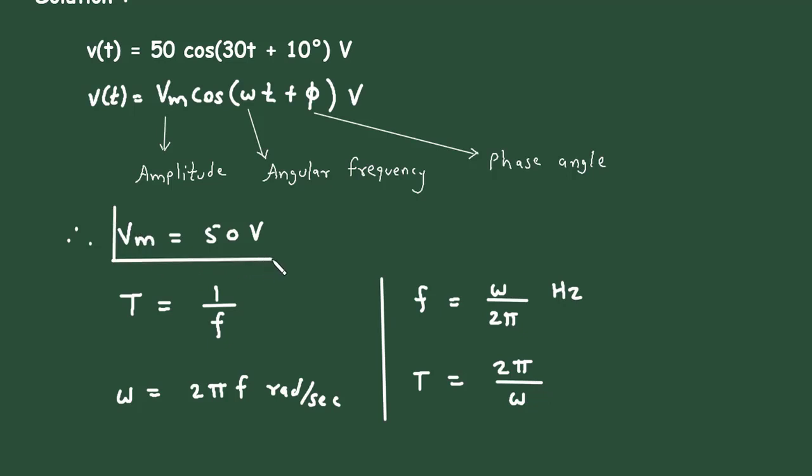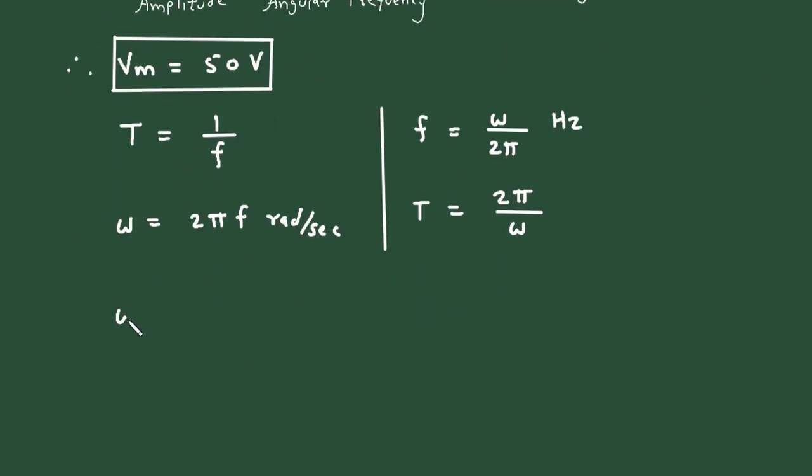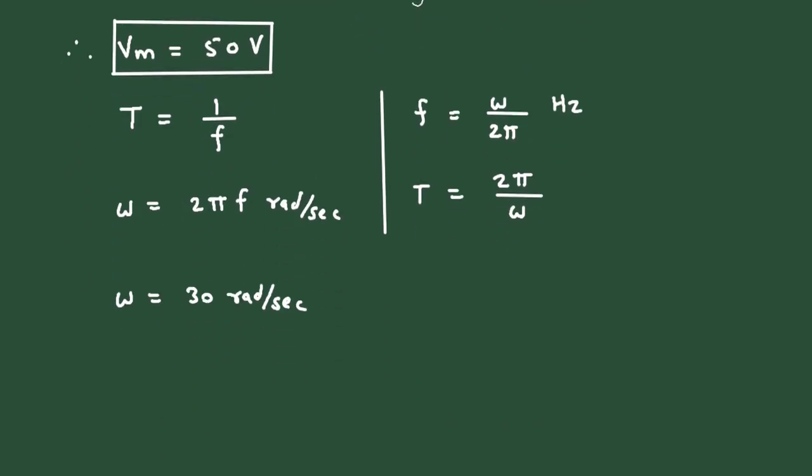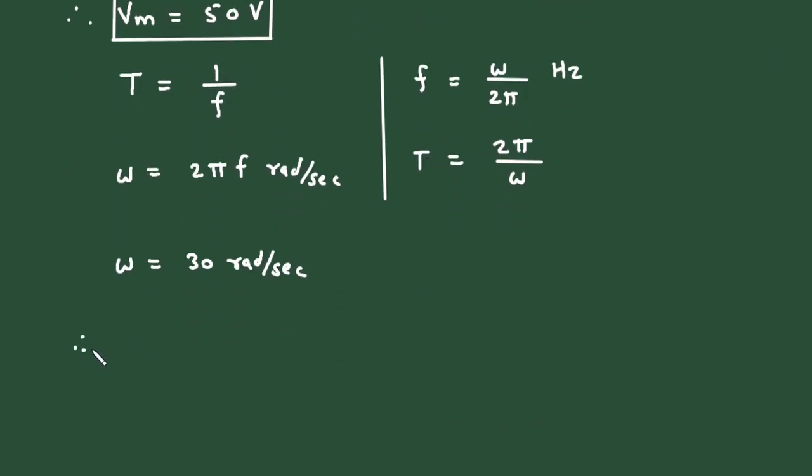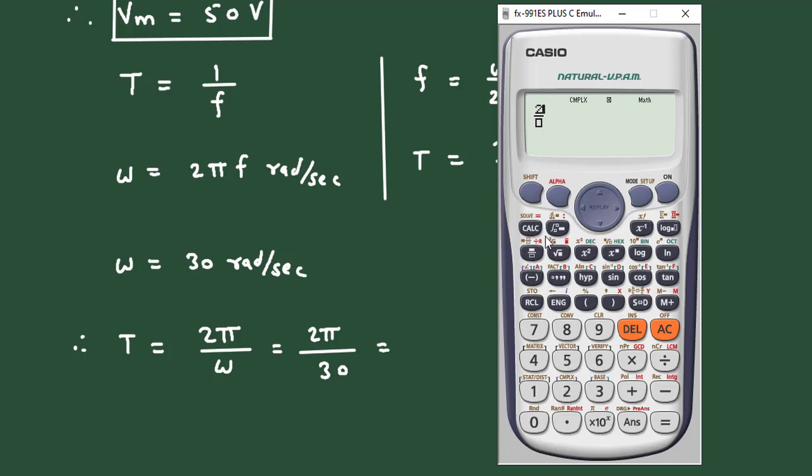We got the value of amplitude. We have the value for angular frequency, it is 30. Here we can write omega is equal to 30 radian per second. So therefore T is equal to 2 pi by omega. So 2 pi by omega, the value is 30. If we solve this in calculator, it will be 2 pi divided by 30.